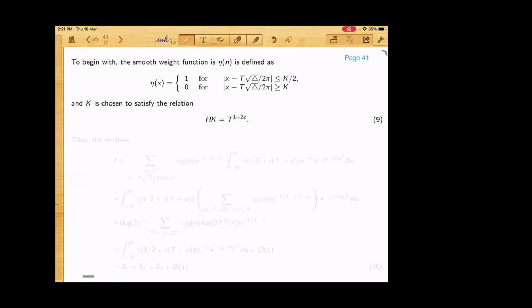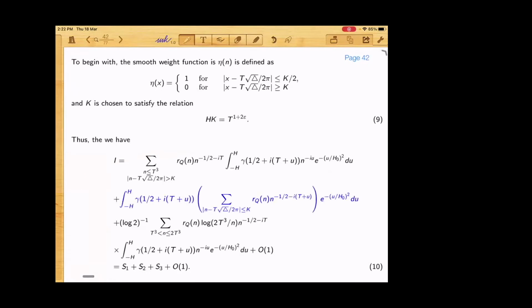Therefore, our integral I is this one plus this second one, and the crucial sum appears here in the blue color.